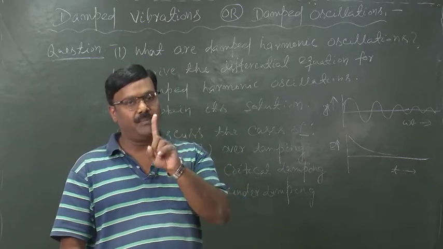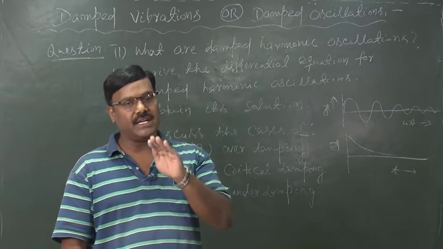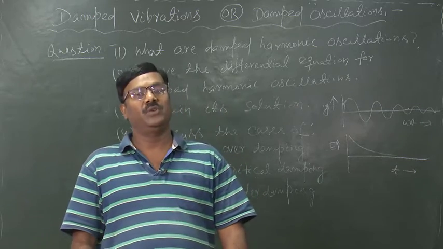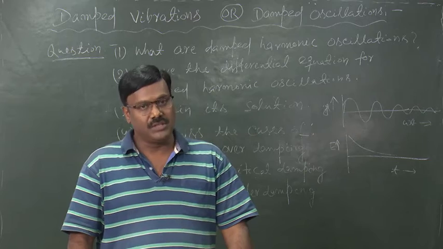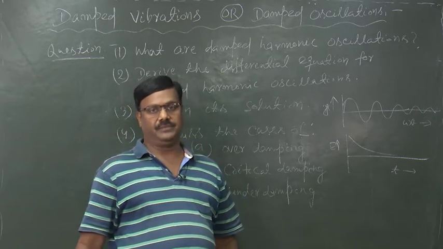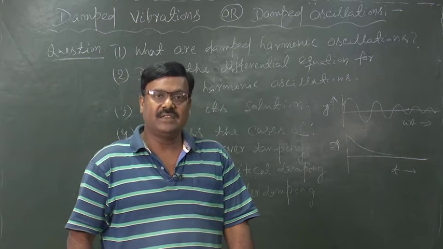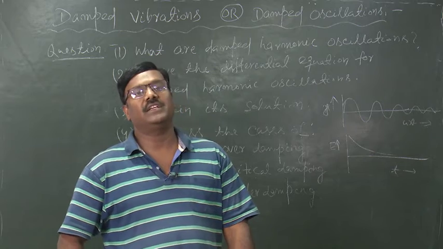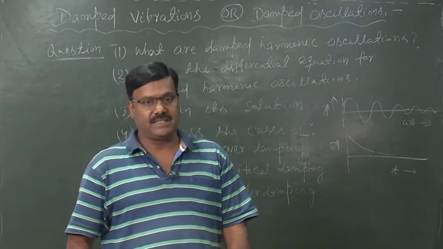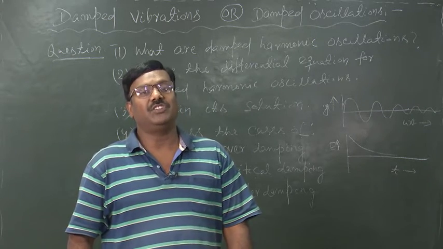If the amplitude and energy of oscillation decrease with time, then this type of oscillation will be known as damped harmonic oscillation. Examples of undamped oscillations are particles vibrating in electromagnetic waves, or a particle vibrating in free space; their motions will be undamped oscillations.